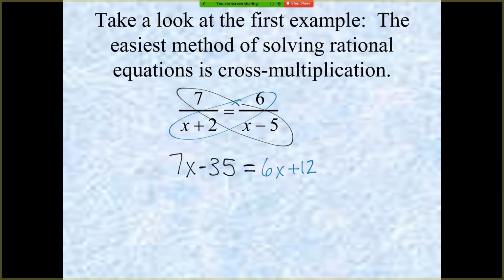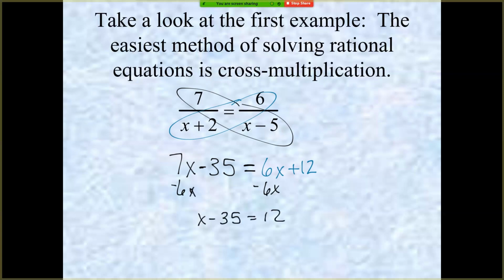Now I need to ask myself if I have a linear problem or a quadratic. So I know this is linear because I don't have any x squareds. So here my objective is just get x on one side, all the constants on the other. So I would subtract 6x. So x minus 35 equals 12.